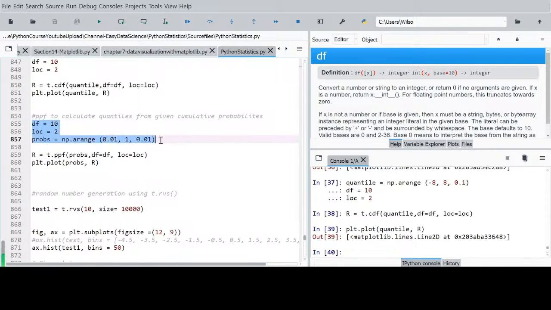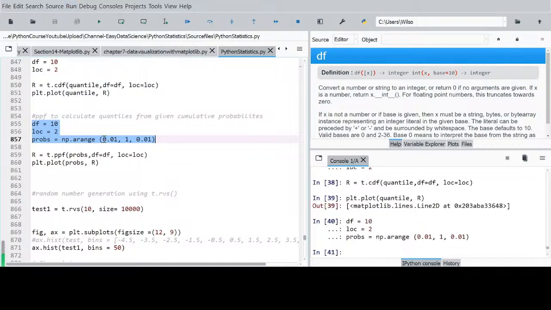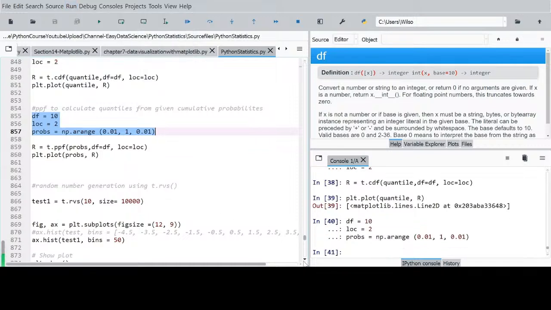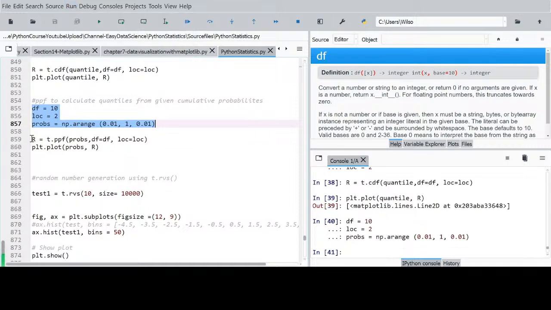We also create a probabilities array from 0.01 to 1, because probability cannot be larger than 1, with a gap of 0.01. So we can calculate the quantile value, or the random number value, from the t-distribution if we know the cumulative probabilities.